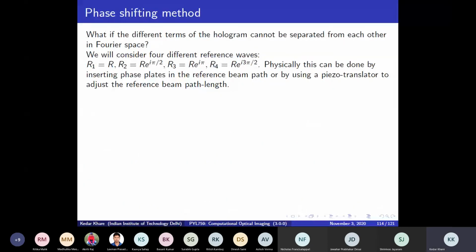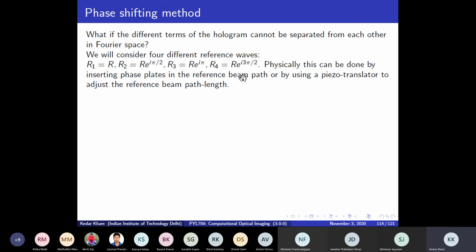And so what is done is you can use 4 different holograms, where the reference beam gets 4 additional phases. The first reference beam is the same as the reference beam I showed before. The second one could be r e raised to i pi by 2. The third one could have a pi phase shift, and the fourth one could have a 3 pi by 2 phase shift.